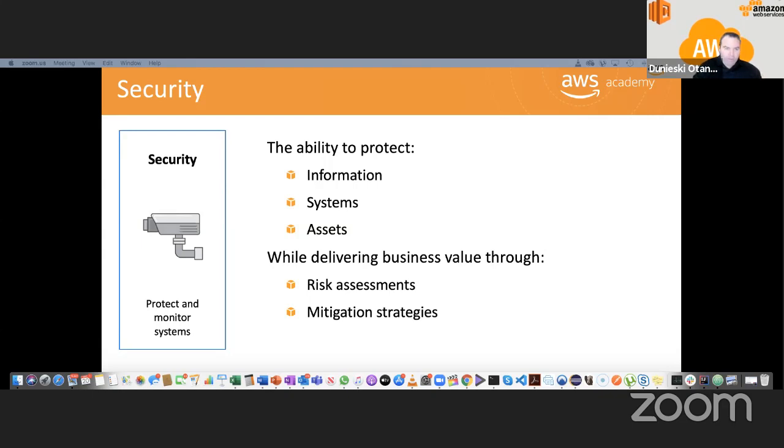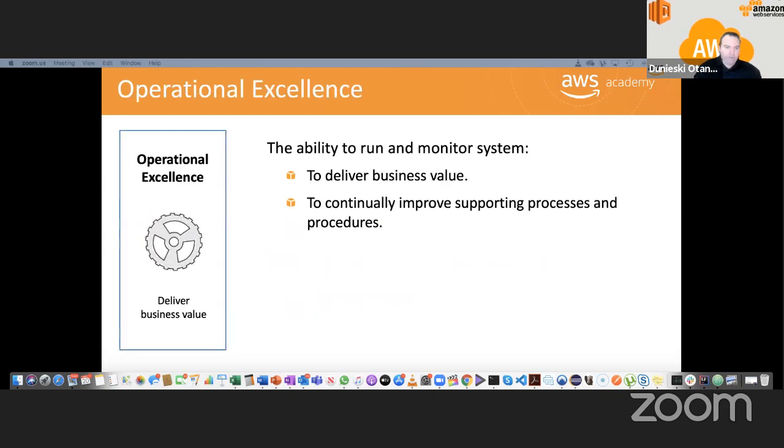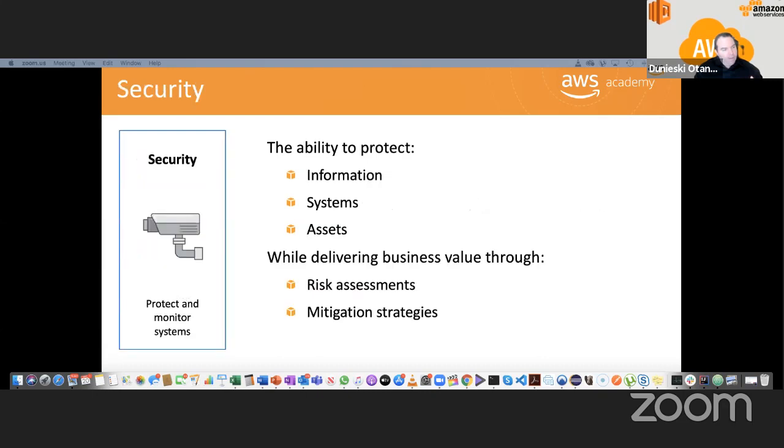Okay, so far we have operational excellence. You have to deliver business value and continue improvements, right? And then also you have to secure your information, your systems, your databases, your assets, your servers. Everything has to be secure, right? When I talk about servers, I'm talking about virtual servers like EC2.